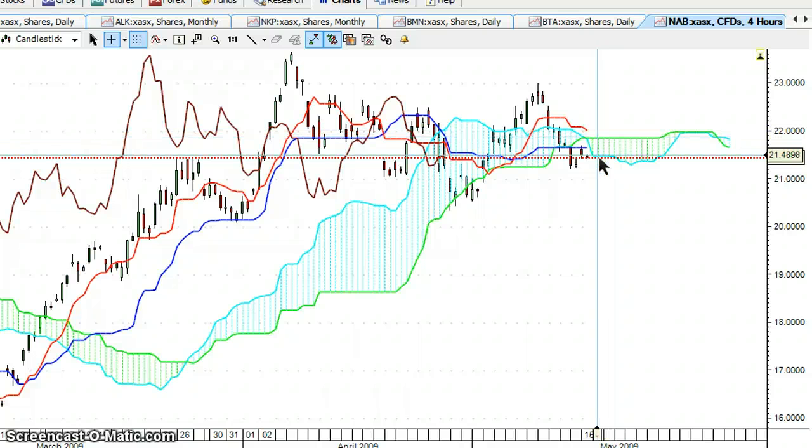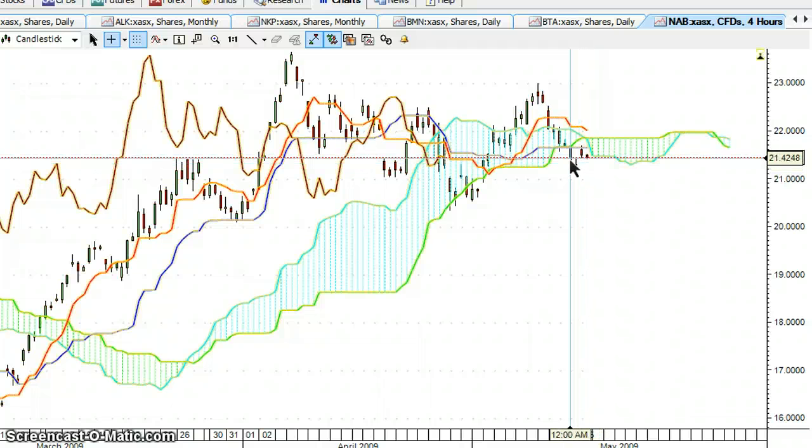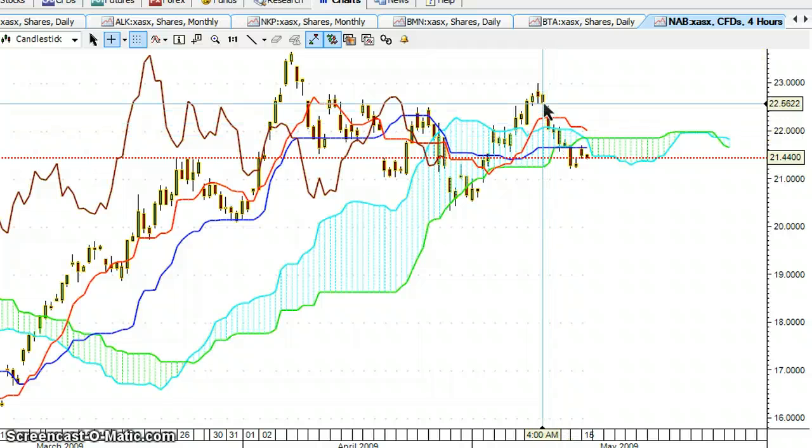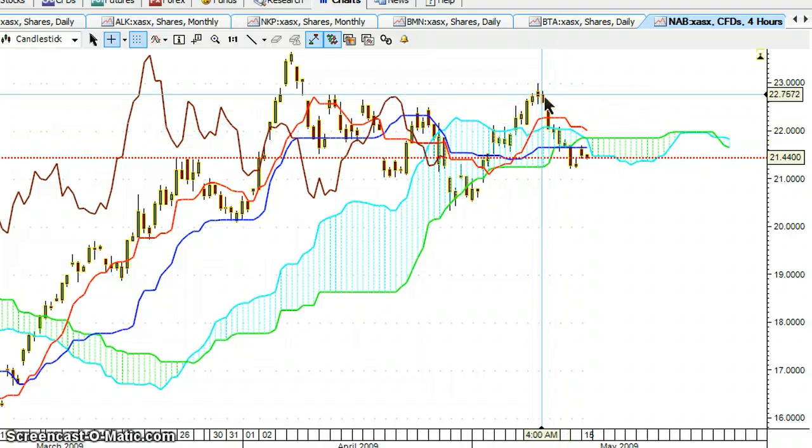Now, at this point is when I start counting back candles to see price action. 1, 2, 3, 4, 5, 6, 7, 8, 9. It is currently using that high within its calculations of the red line. It is the highest high and the lowest low divided by 2 over 9 periods for the red line.